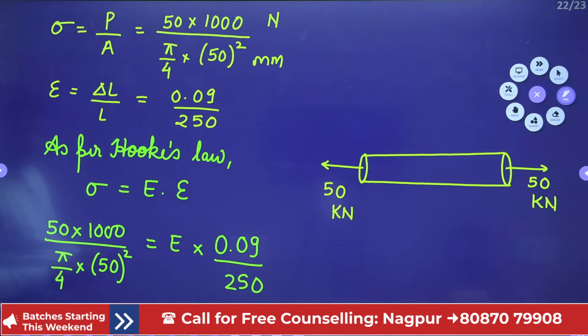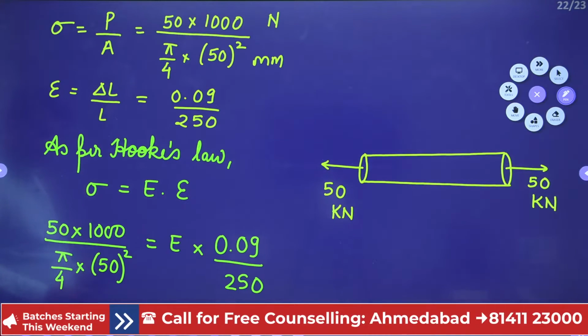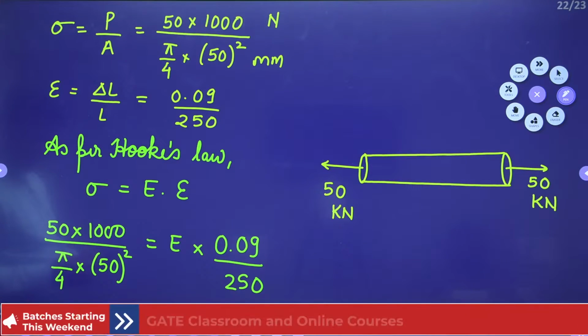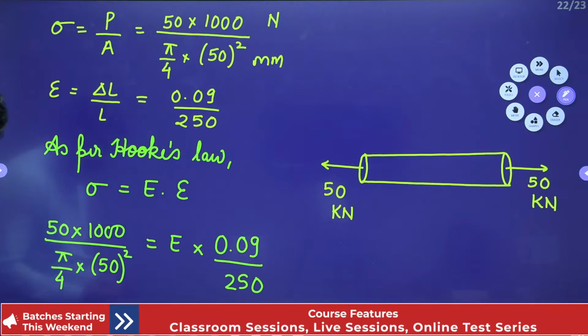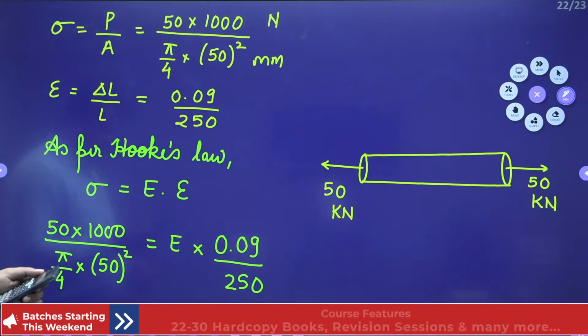So 50 and 50 are going to cancel out. So you have 4000 by 50, divided by pi. Then you have 250 divided by 0.09. So this comes out to be 70735.